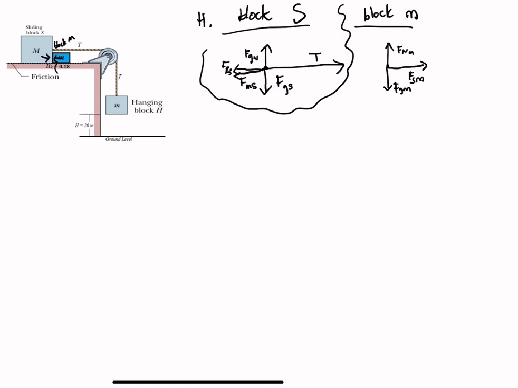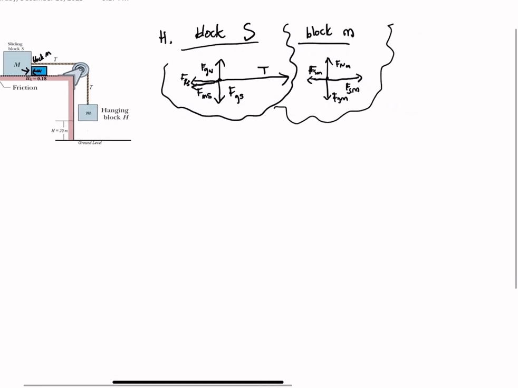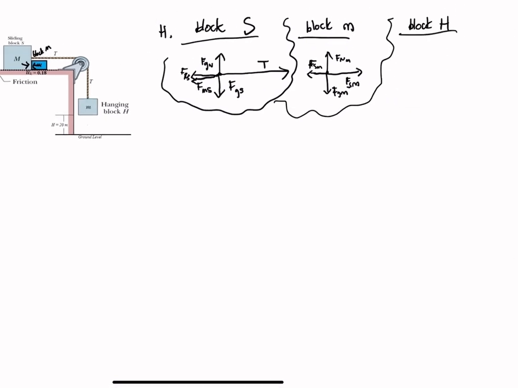And there's also friction here. There's a smaller force because it is moving right, of friction. For block H, there's only two forces acting on it, which is Fg H. And since it is moving downward, tension has to be smaller.